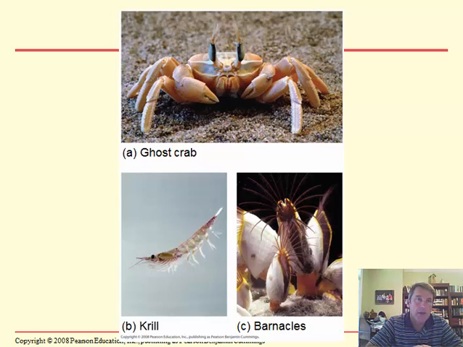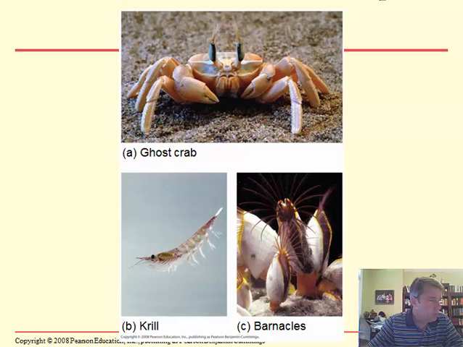Crustaceans have a branching appearance. They have specialized feeding structures and movements. There are some different types of crustaceans, but it is a very large group of arthropods.